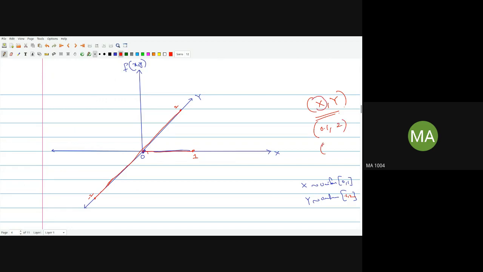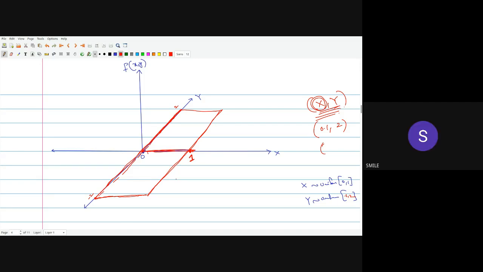Like that, x can take any value between 0 to 1, and y can take any value between minus 2 to 2. Since they are uniformly distributed, it's definitely the support of x comma y.